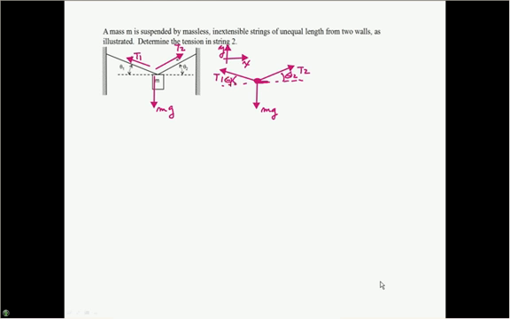And since T1 and T2 go off at angles, we're going to have to do the component drawing. Let's go ahead and do that.